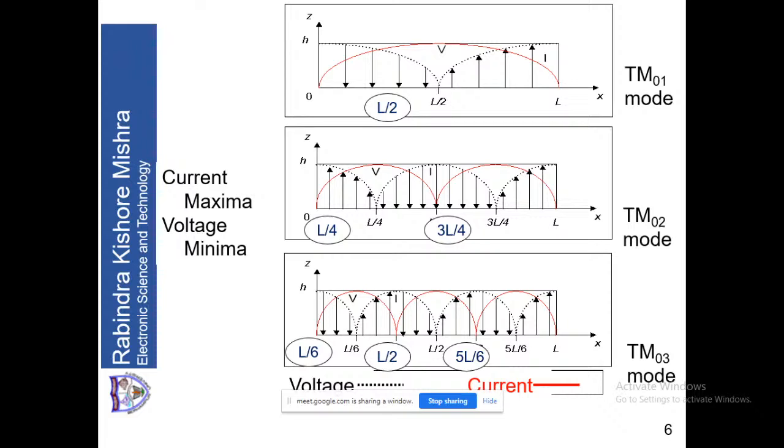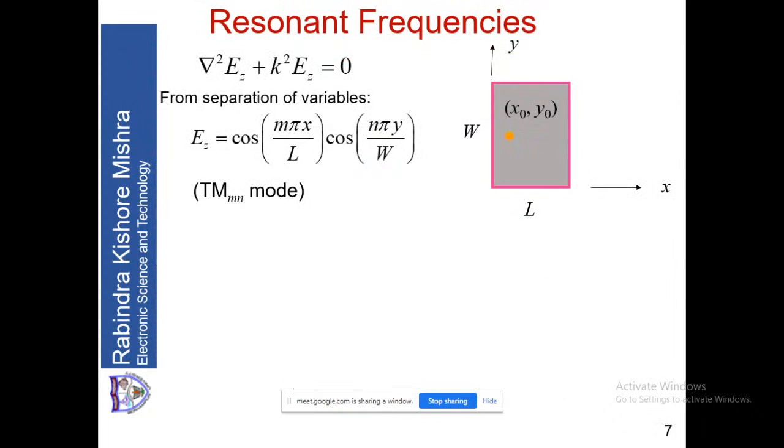Now let us do a simple analysis. For the simple analysis, we will go back to Maxwell's equations. We now know from the similarity of the patch antenna with the waveguide that there is an Ez field. So we will solve for the Ez field, then we can find out the other fields.